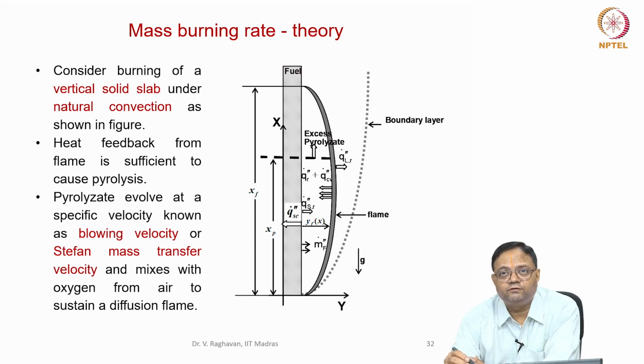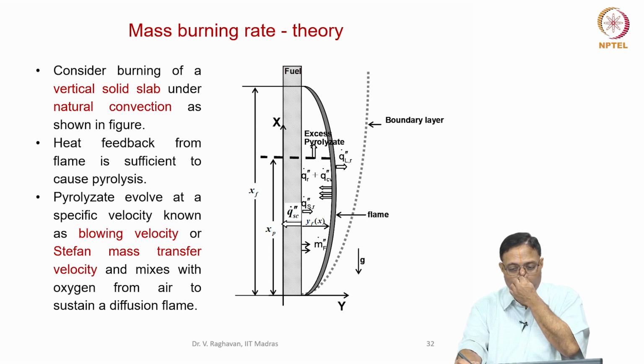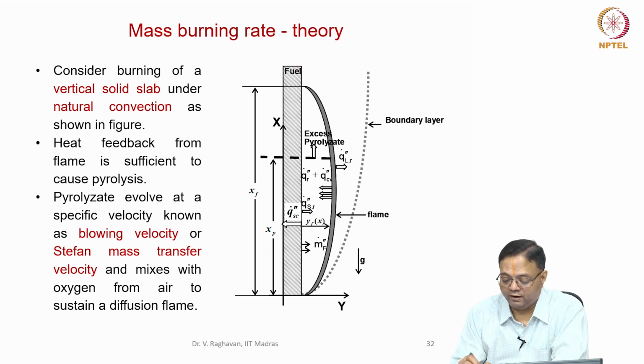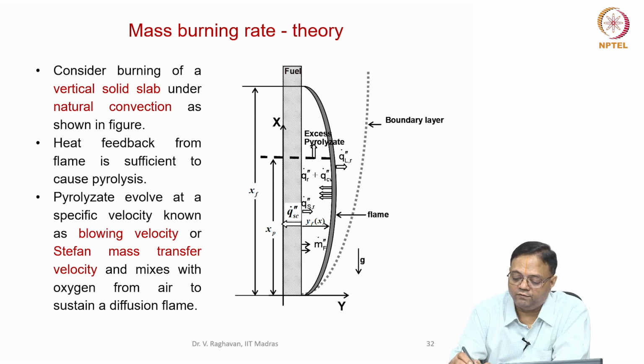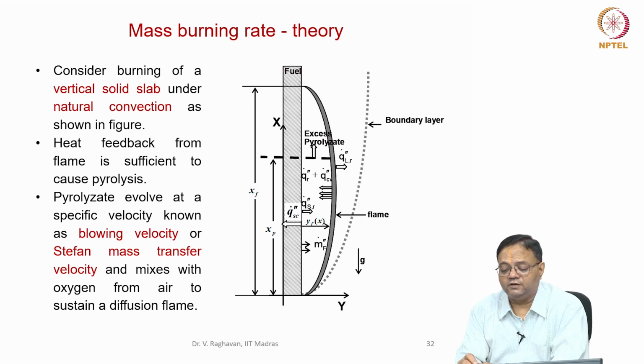When liquid burns, there is an equilibrium temperature, but here the temperature keeps on increasing. So, let us consider a vertical slab, any PMMA slab or wood slab, and we ignite and a flame forms and covers the entire fuel, spreads over and covers. So, now this is the hydrodynamic boundary layer, this is the flame and this is the solid surface.